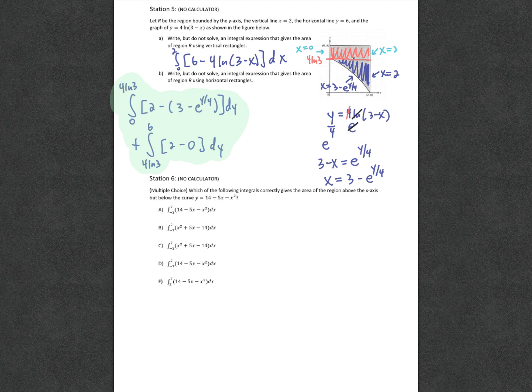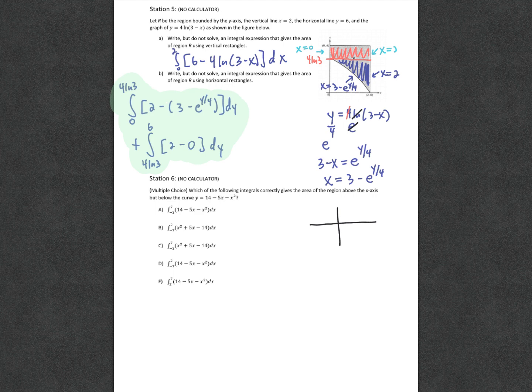Okay, next one. So, multiple choice question, no calculator. They say, which of the following integrals correctly gives the area of the region above the x-axis but below the curve of that? Let's draw a picture. The x squared is negative, so this is a parabola facing down.